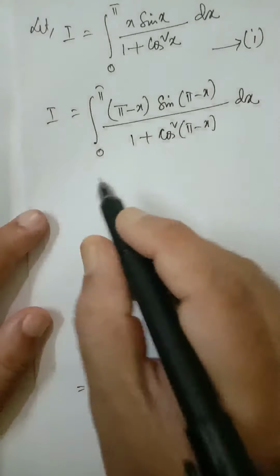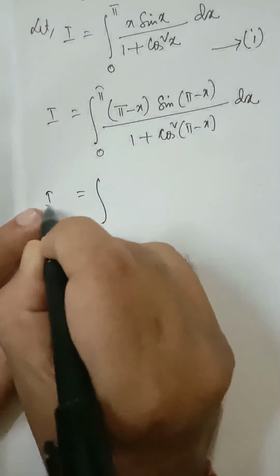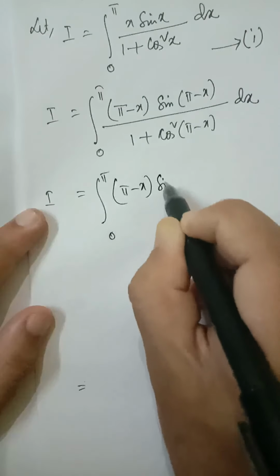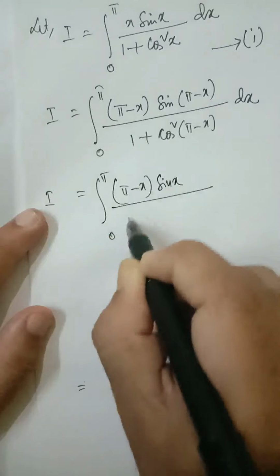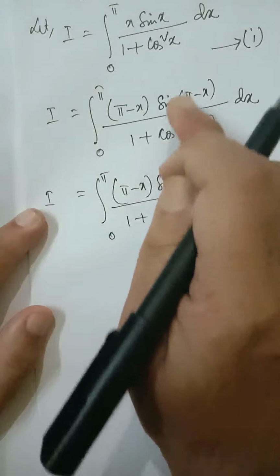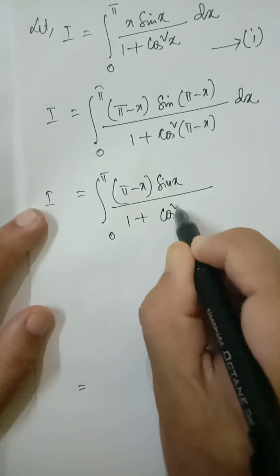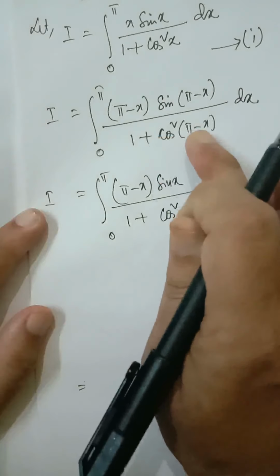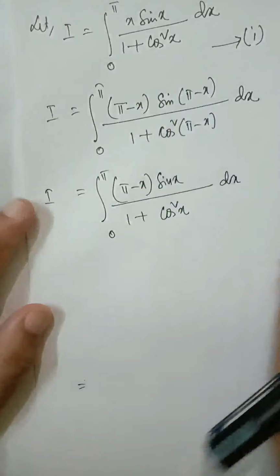Okay, now I equal to 0 to pi, (pi minus x), sin of pi minus x is sin x, 1 plus cos square of pi minus x. Cos of pi minus x is minus cos x, its whole square will be cos square x.